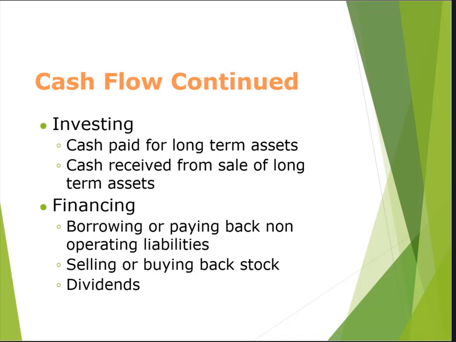Remember that when we buy stock, since we've already gone over the statement of equity, we know that we impact treasury stock. And the sale of treasury stock affects that account. Okay? Not common stock. So you're looking at the treasury stock comparison to figure out how much was paid for treasury stock.